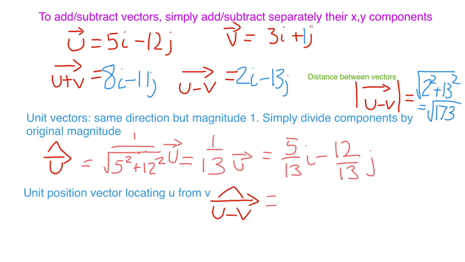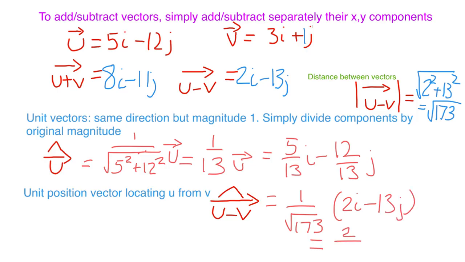So u minus v, we figured out before, was 2i minus 13j, and it had a magnitude of root 173. So all we're going to do here is multiply 1 over the magnitude by the vector that we found that was u minus v. So this is just scalar multiplication.